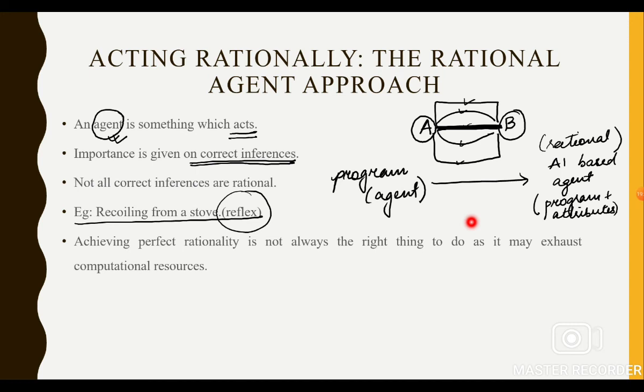Let me give you another example. Suppose a mosquito is biting your hand. What do you do? You simply slap the mosquito and kill it, right? That is not a very rational approach. You just killed a life. You could simply have distracted the mosquito, or used a paper to remove it from your hand.